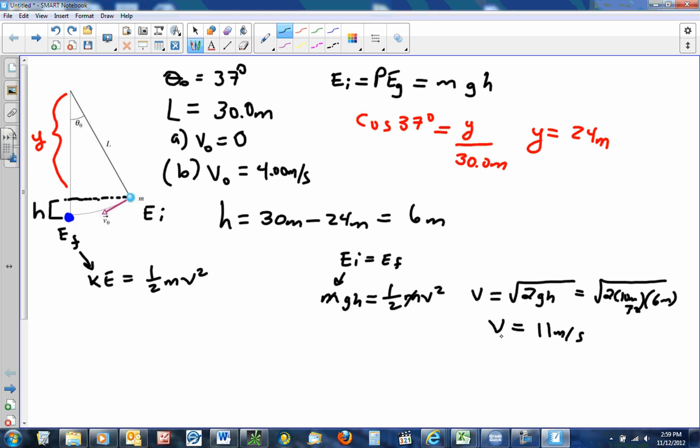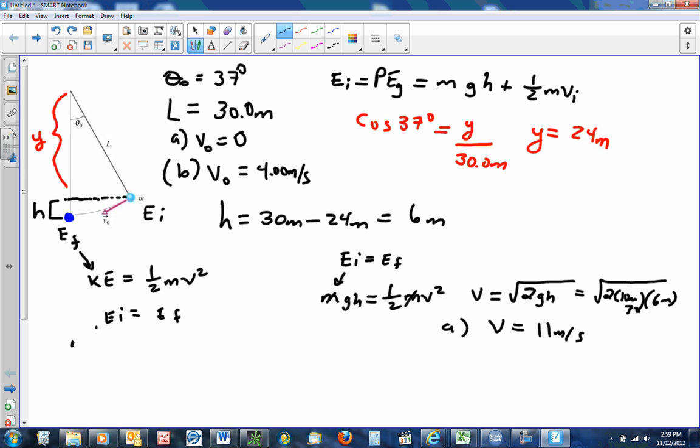Now, this is the A part. In the B part, my initial energy is PEG plus some KE, both. So I have some gravitational potential, and because he's moving, I have some initial kinetic. Well, that tells me that Ei still equals Ef, same thing.